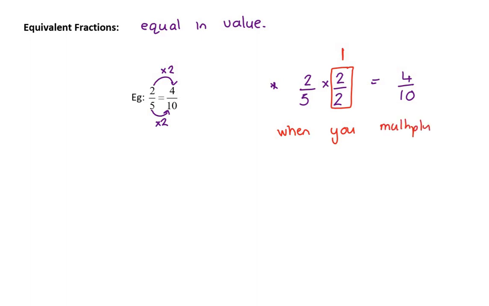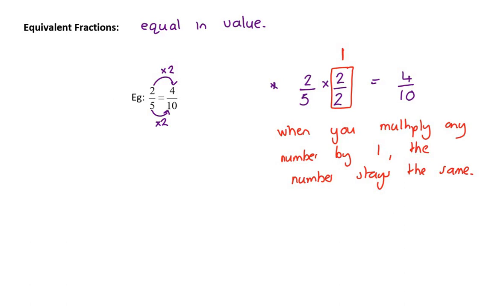So when you multiply any number by 1, the number stays the same. So absolutely, 2 over 5 is being written in a different way because it's been written as 4 over 10, but effectively you've multiplied by 1, and so it stayed the same value. It looks different, but it's the same value. We're going to discuss that a little bit more in a moment.